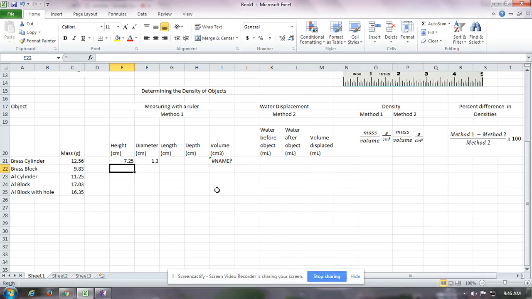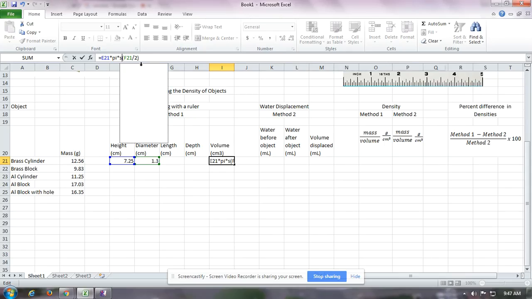Okay, so obviously that didn't work. So let me see. There's got to be a way to square. So let's put it right here, and let's see SQ.